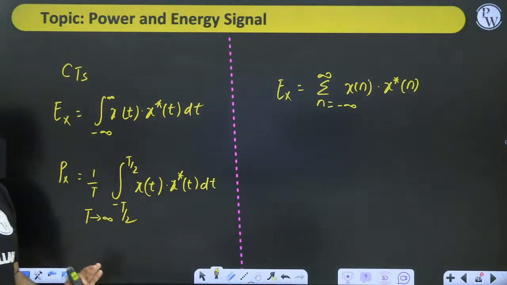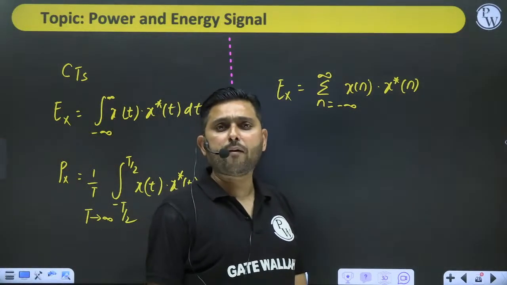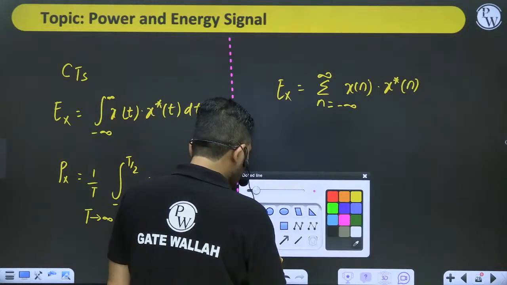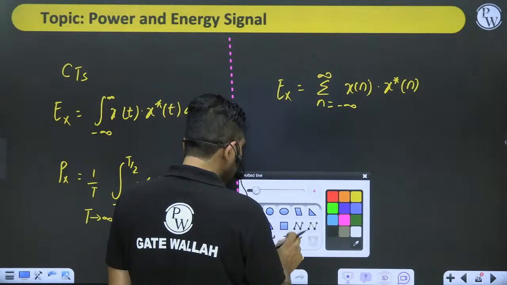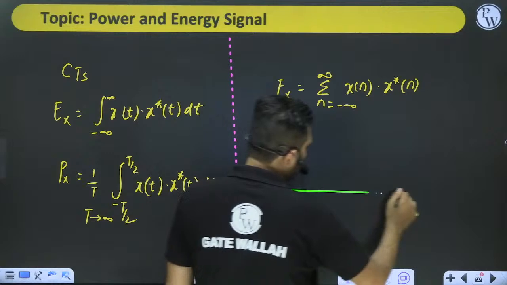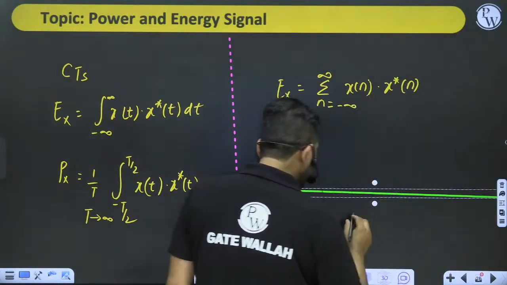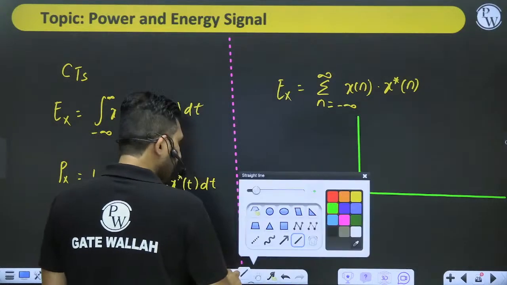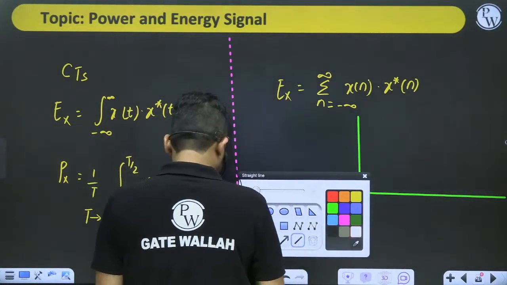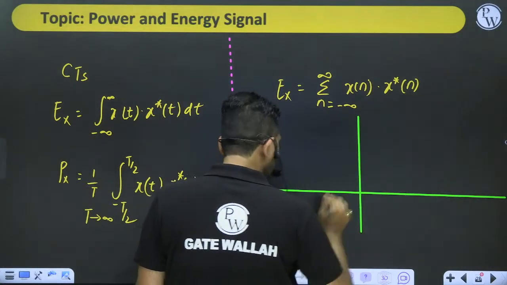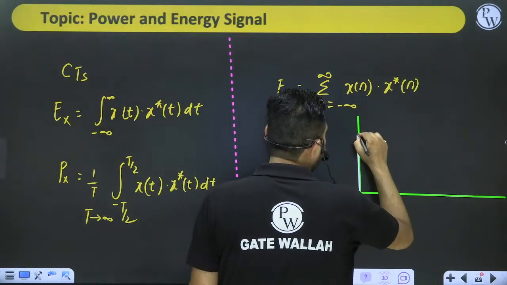And how to find out the power relationship? Listen carefully. For this, let us consider some discrete time function.